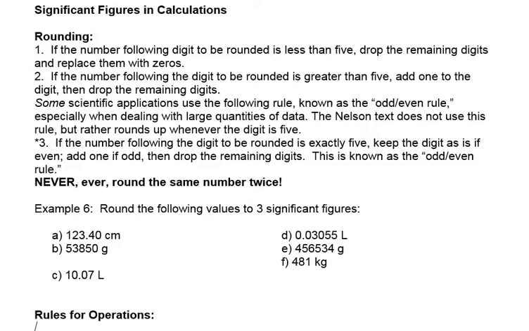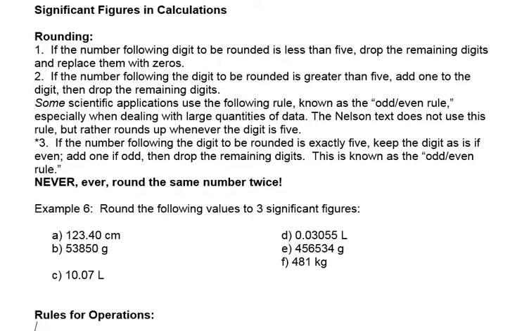Some people use this rule for 5 and greater, in which case they don't use the third rule. However, if you are dealing with large series of numbers, it is good to use what's called the odd-even rule, which says that if the number following the digit to be rounded is exactly 5, we keep the digit as is if it's already even, and we add 1 if it's odd, and drop the remaining digits.